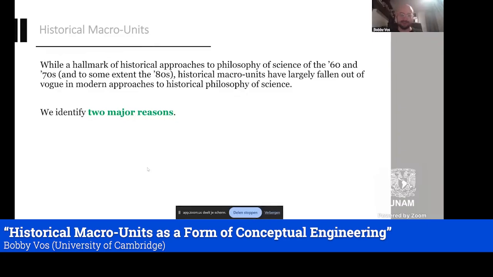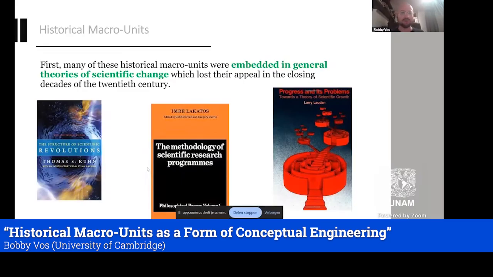And here, if you look at the literature, we can identify at least two major reasons underlying the downfall of these concepts. So one major reason is the fact that in a lot of cases, especially in the straight up analytic philosophy of science cases, the use of such historical macro units is embedded or comes hand in hand with the adherence to a more general theory of scientific change.